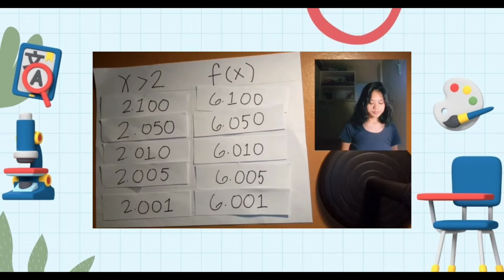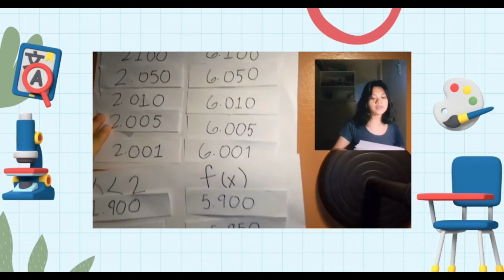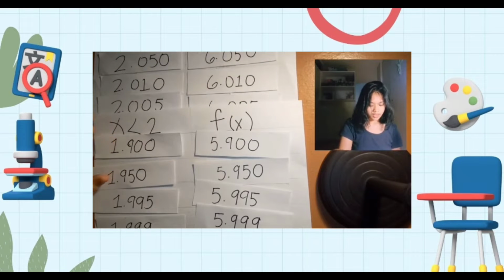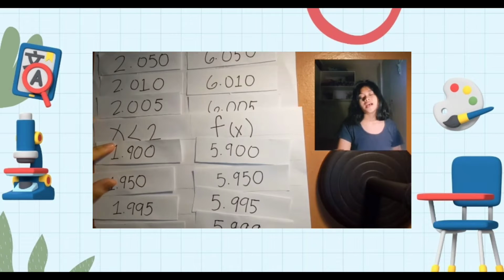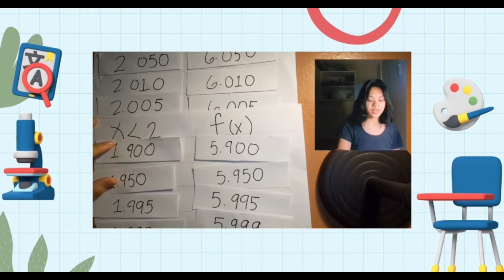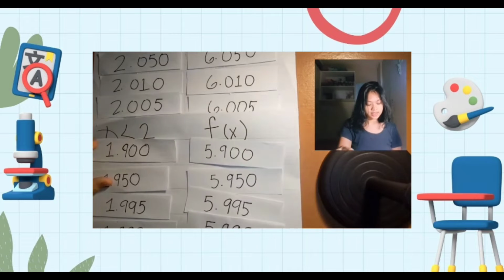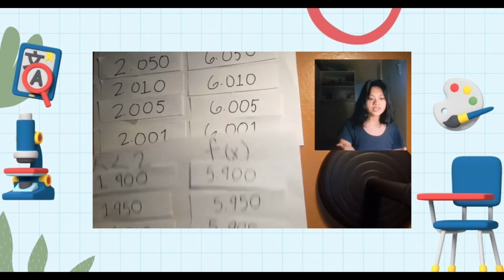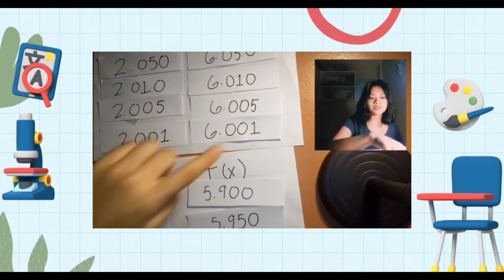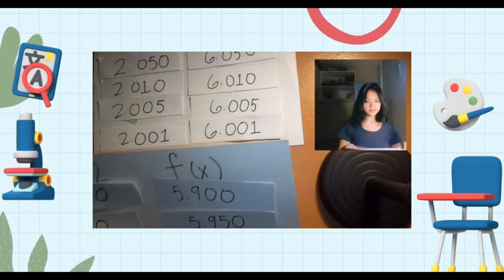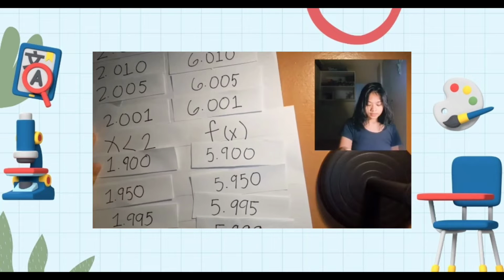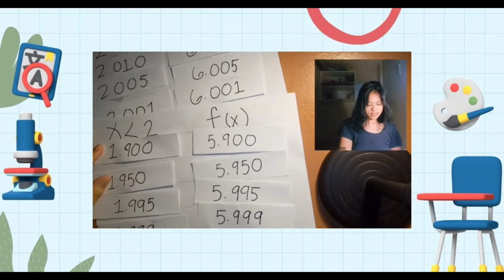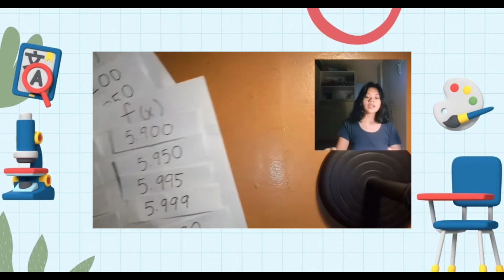As we saw in the table of values, the limit of f of x equals x plus 4 as x approaches 2 is 6. As you see, on the left it's 5.9, almost 6, and then on the right side it's 6.001. It's already 6. So we conclude that the limit of f of x as x approaches 2 is 6.